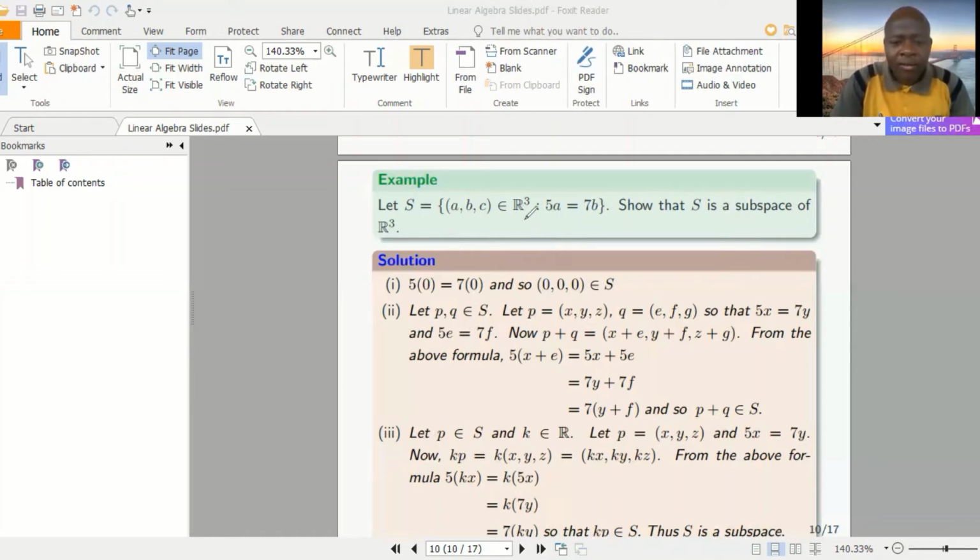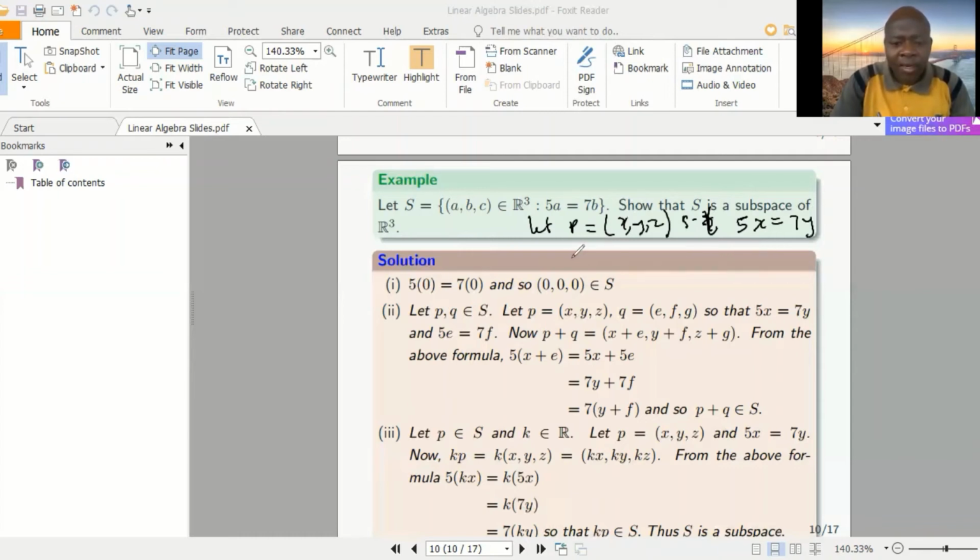So I let P be a vector, and let me say it's x, y, z, such that, I'm using ST to mean such that, using this condition, 5 times x would be 7 times y.